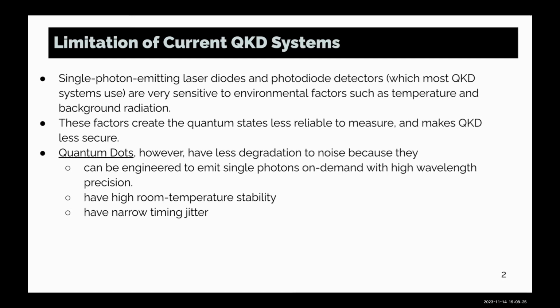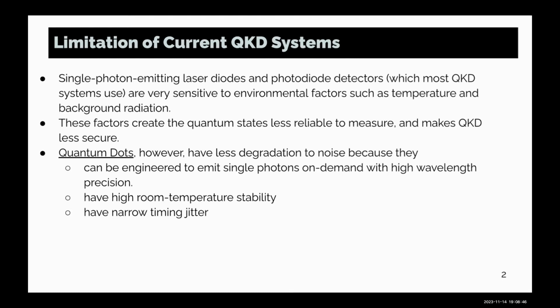Quantum dots present an alternative to using these limited current hardware. Quantum dots, similar to laser diodes and photodiode detectors, can both transmit light and detect light, as well as enter superposition and entanglement. What makes quantum dots an interesting alternative is that they are less susceptible to noise.